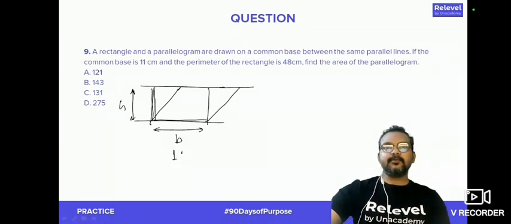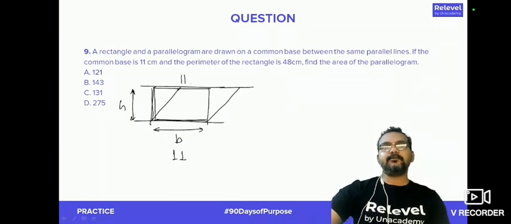It is that the common base is 11, and the perimeter of the rectangle is 48. So if this is 11, the other side of the rectangle is also 11.